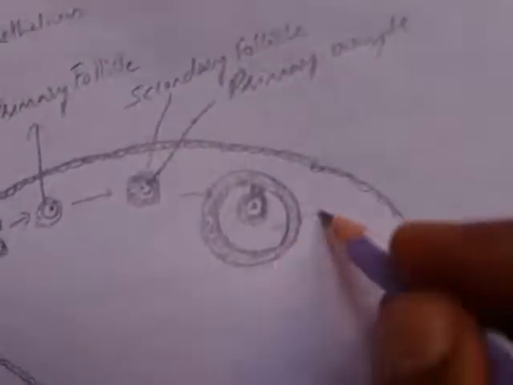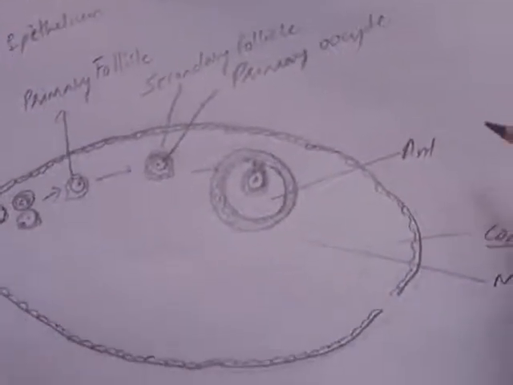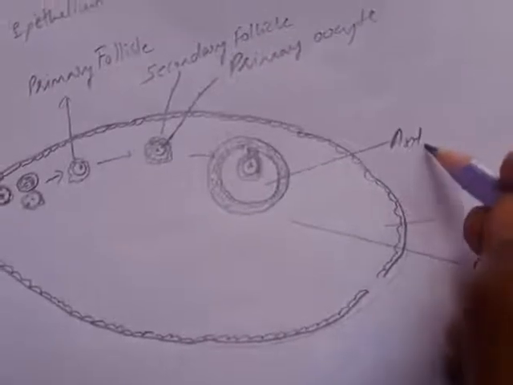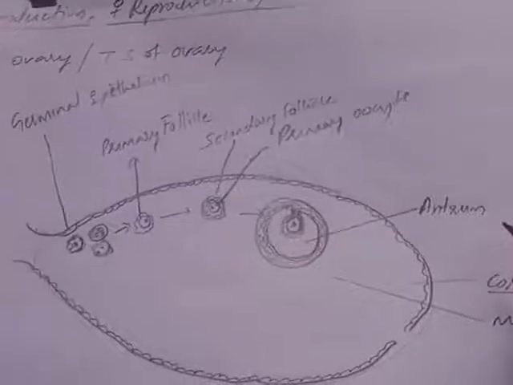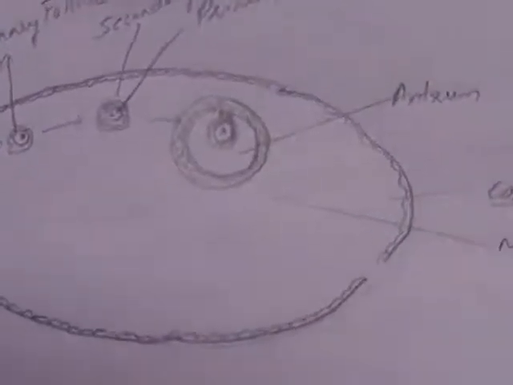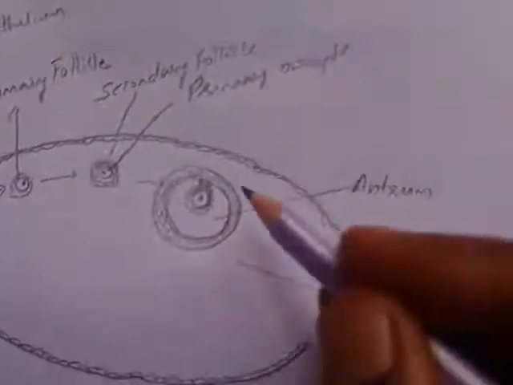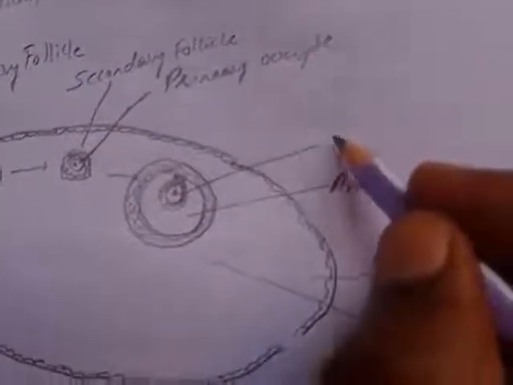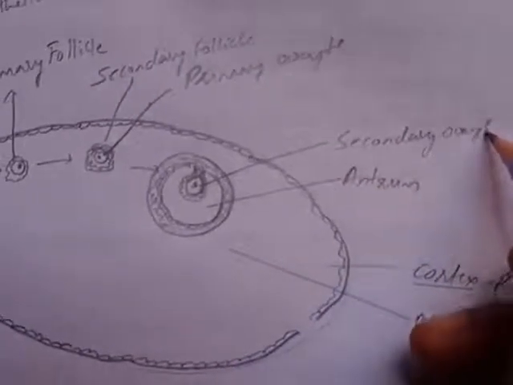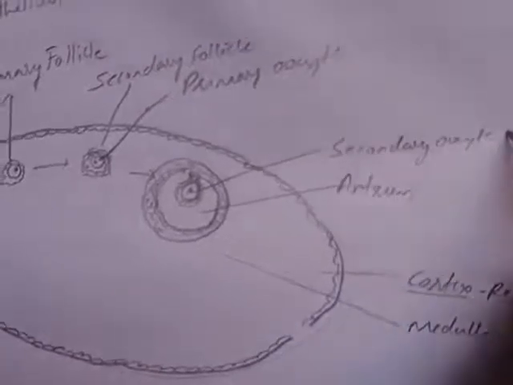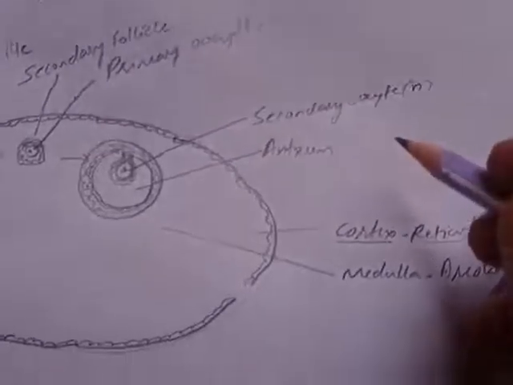The cavity is called the antrum. Usually the secondary oocyte, the central cell, is haploid in its chromosomal number.